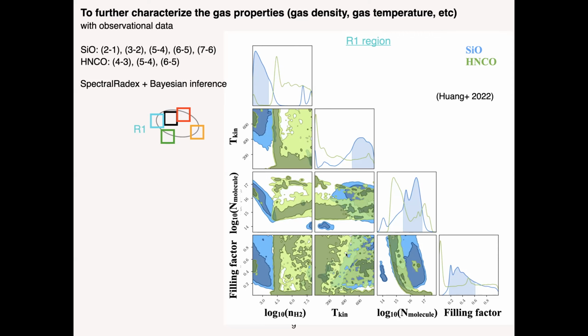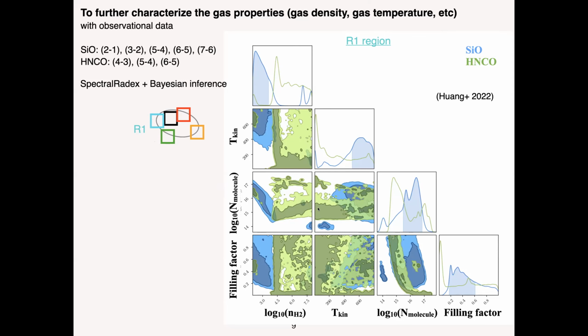So this is one example from the east side of the CND, where we see, for example, HNCO and SiO tend to trace a very different part of the gas density distribution. HNCO tends to point to higher density and SiO tends to point to really low density, even below 10 to the 3, sorry.